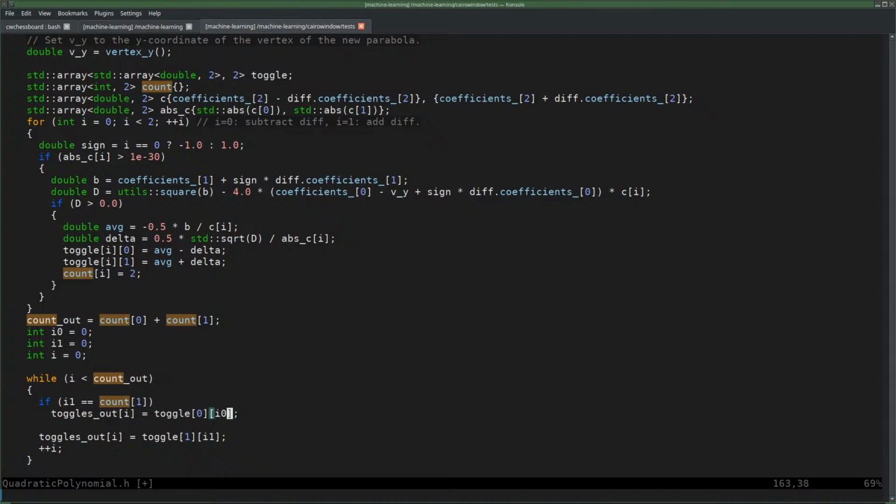Not only that, now we used up that one, so let's increment it. Else there should be things left in the other one, because there's nothing left in here.